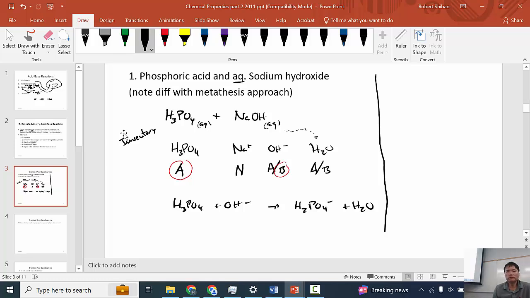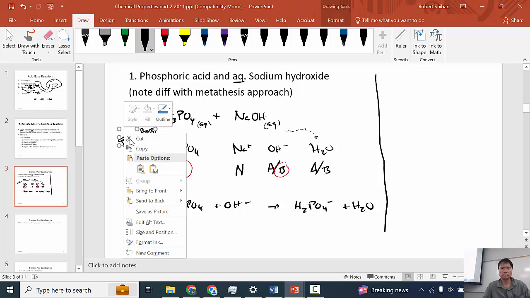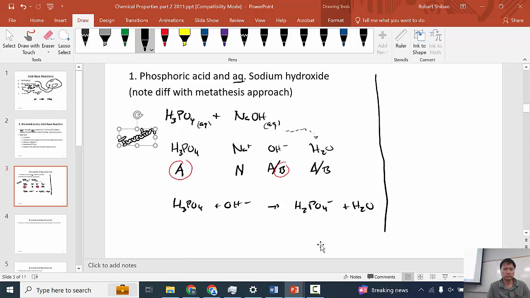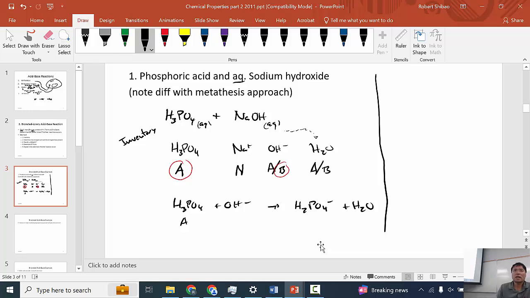And so what we have to do is this. This one can only act as a, what? Acid. And so this one is just an acid. However, hydroxide can act as an acid or base.